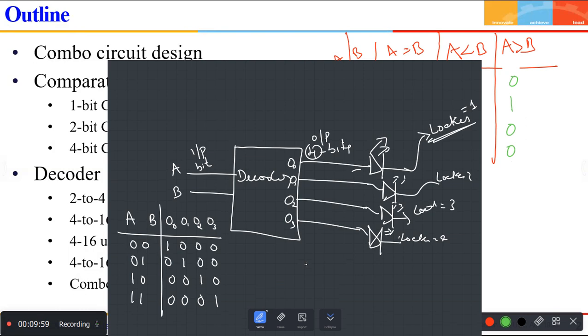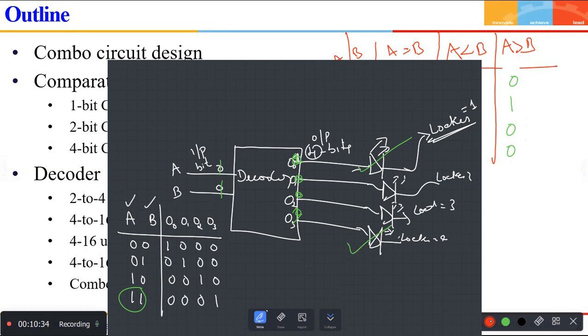That means when your input combination A and B is 0, 0, this will become 1 and the others will become 0, 0. That means this LED will glow, and this locker will open. Now suppose your combination is 1, 1. Then this is 0, 0, 0, and this is 1. So this LED will glow.